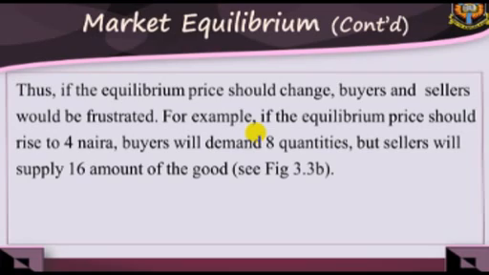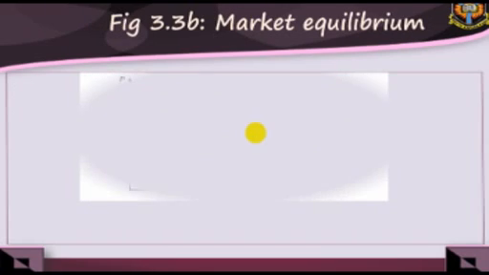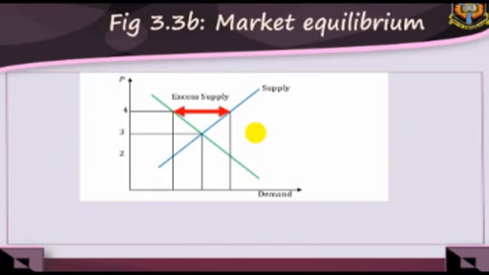For example, if the equilibrium price should rise to 4 naira, buyers would demand 8 quantities, but sellers will supply 16 quantities of the good, as indicated in figure 3.3b. At the price of 4 naira, there is excess supply of 8 quantities of the product, which makes the seller frustrated.